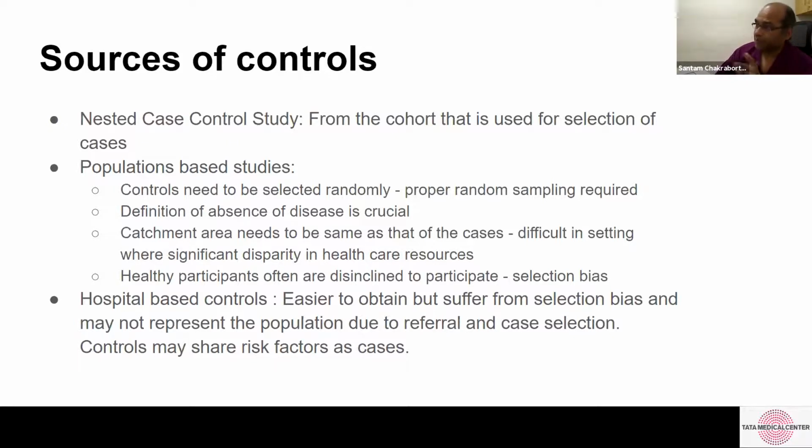A good example is, for example, you want to determine the exposure of oral contraceptives with breast cancer in females, of course. A good sampling frame may be women who have a driver's license and have consented to give their health information. Now, why is this important?